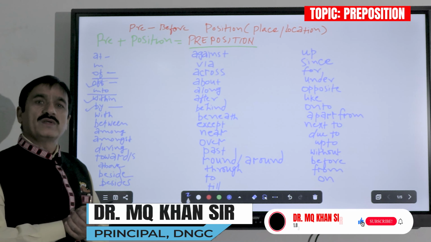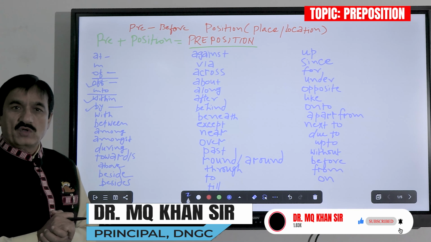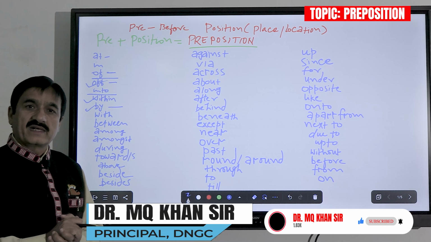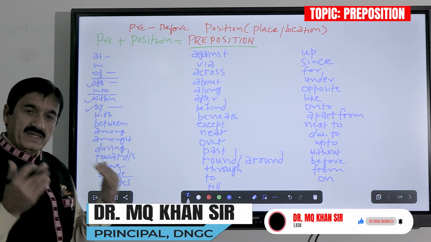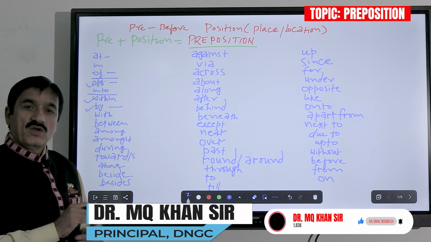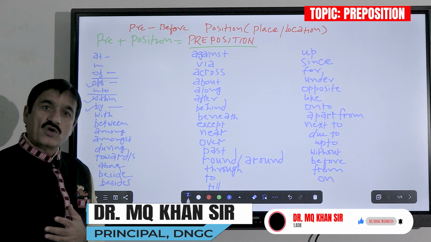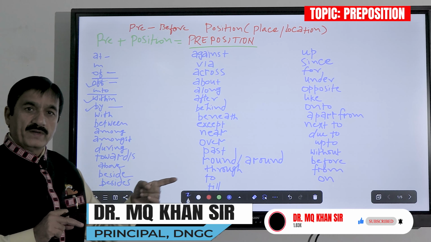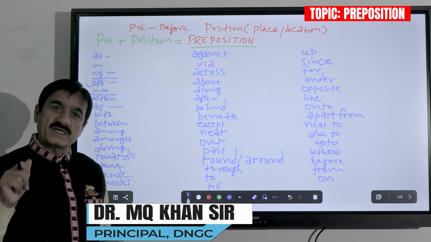By can be used in the situation when we talk about time also, measurement also, like cloth is sold by meter. Then again it can be used for some person, some doer also, like the dog was killed by him. What is the time?